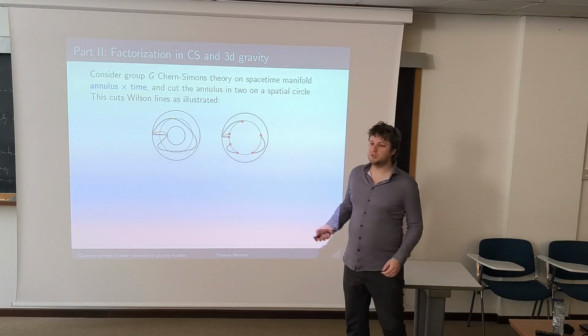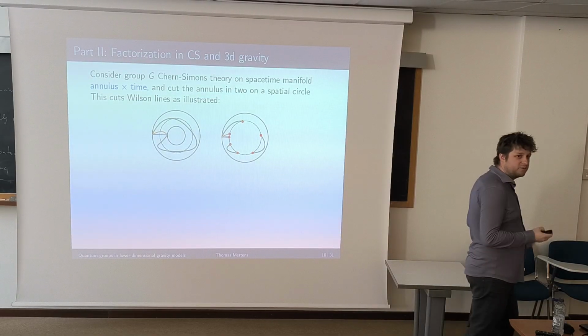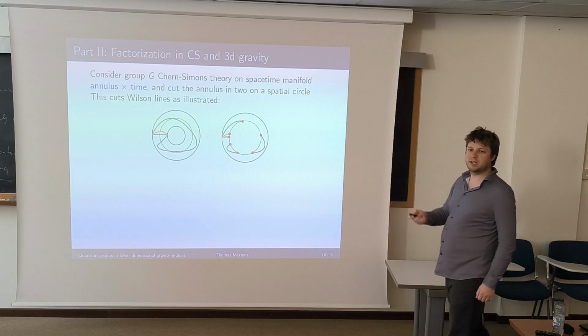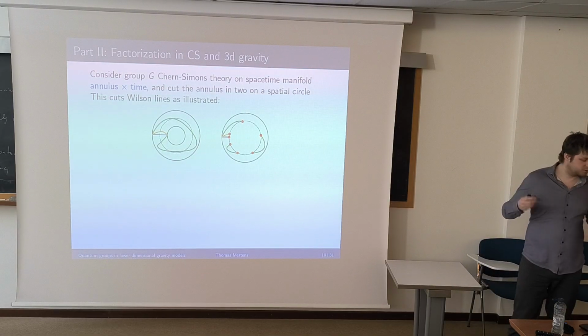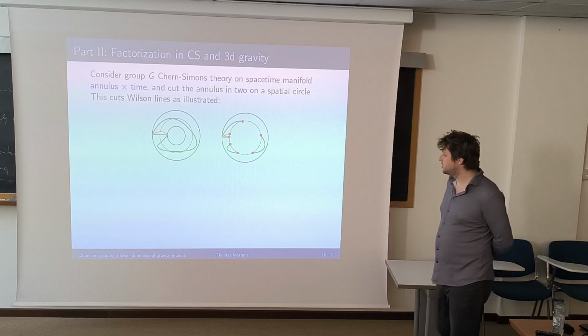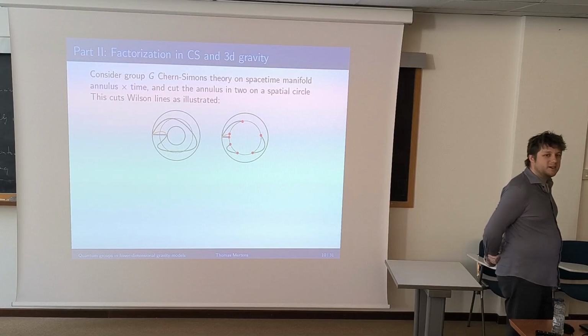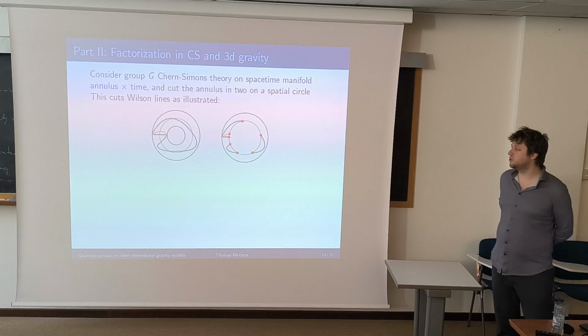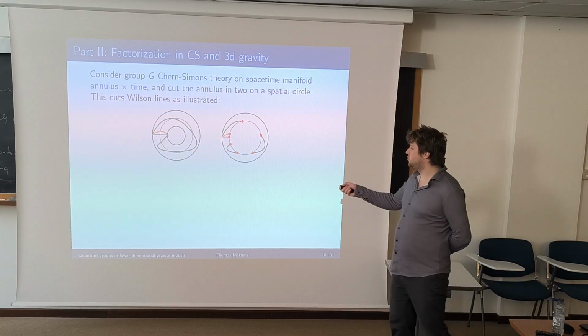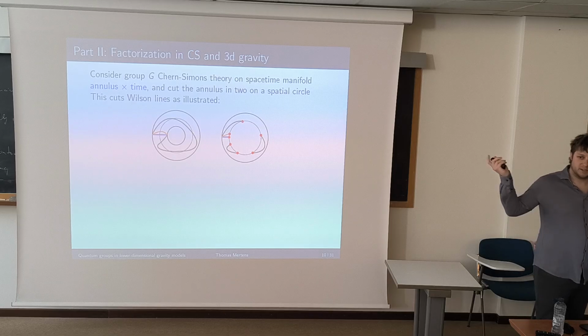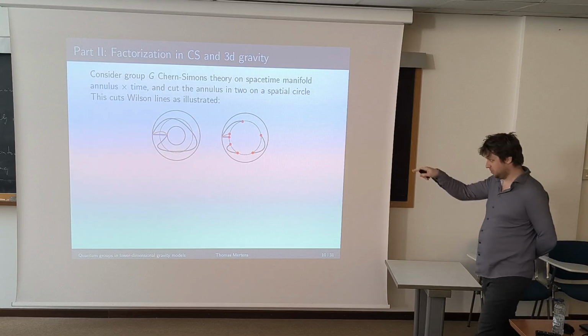And here I've drawn various Wilson line configurations that you might have in Chern-Simons theory, and you see that they intersect this entangling surface, or this cutting surface, at various points. And in the right picture, I've cut explicitly my space in two parts, and I've only drawn the outer piece. And these red dots here are where the Wilson lines have been cut by this dashed curve.